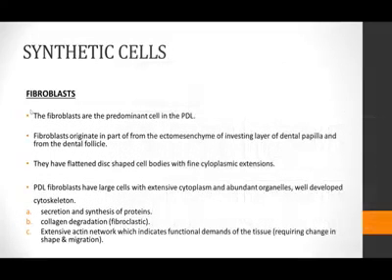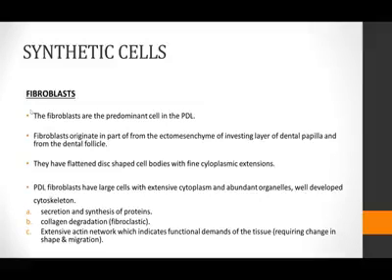Starting with the synthetic cells, the most abundant cells within the PDL are the fibroblasts. Fibroblasts basically originate from the ectomesenchyme of the dental follicle. These cells have a flattened disc shape, or they could be fusiform with numerous fine cytoplasmic extensions.